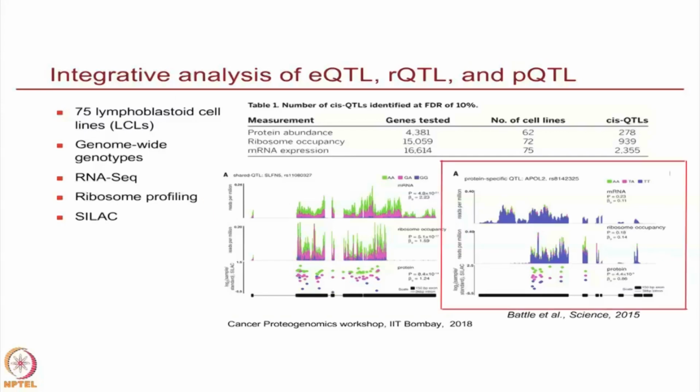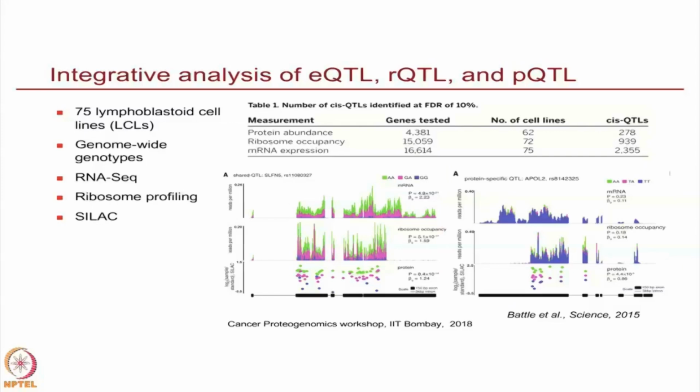But in this other case, the effect is only observable at the protein level, but not at the ribosome and the RNA level. That means this SNP is affecting the translation of this protein or maybe the stability of this protein, without affecting its RNA and ribosome occupancy.